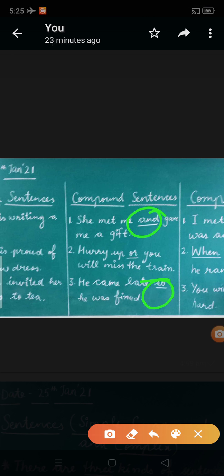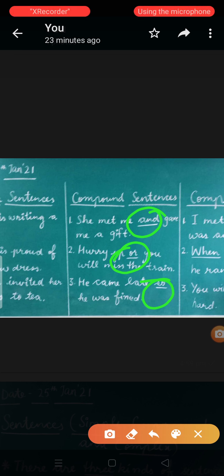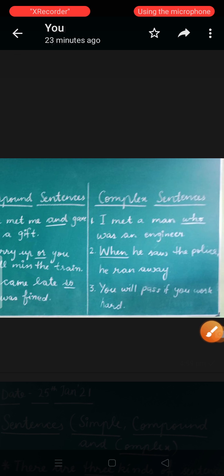So and, or, so, these are coordinating conjunctions. Clear? I'm going to repeat. In compound sentences, there are two independent clauses and we join those independent clauses with the help of coordinating conjunctions. Clear, students?